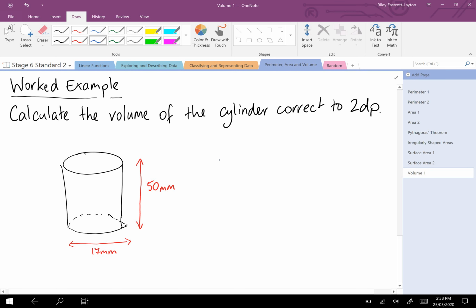So we start off with our rule. Volume equals area of the base times by the height. Then the area of our base is equal to this shape here, which is a circle.